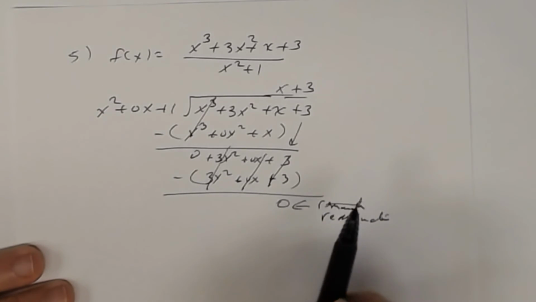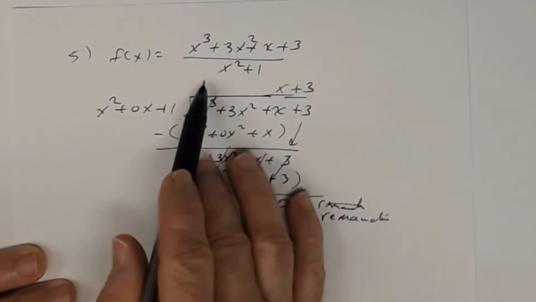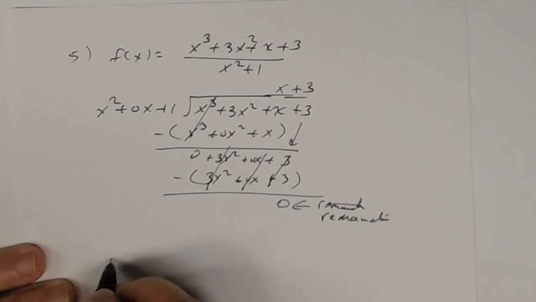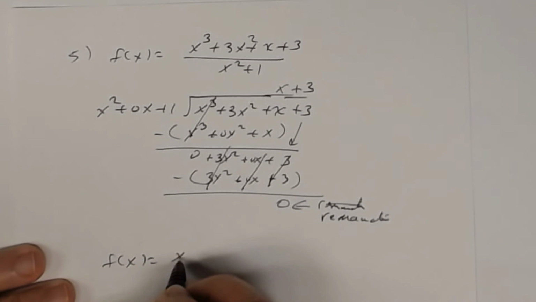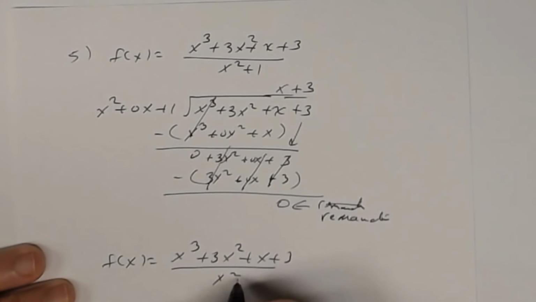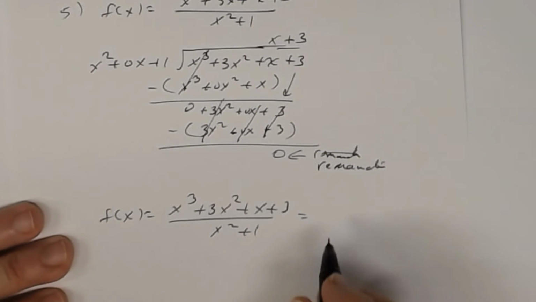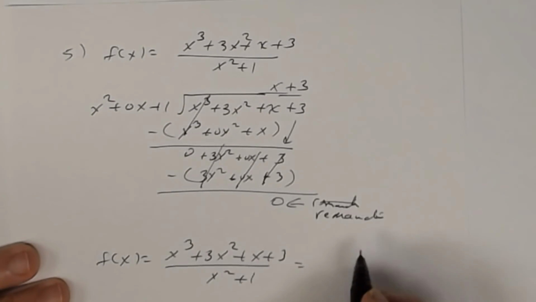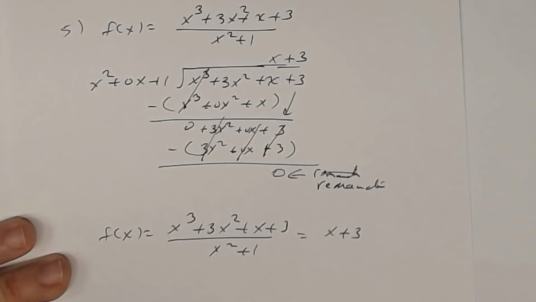So that means that f of x equals x cubed plus 3x squared plus x plus 3 divided by x squared plus 1 reduces to just x plus 3. That's what that means. So that means that something is factorable here. See how the denominator is x squared plus 1?